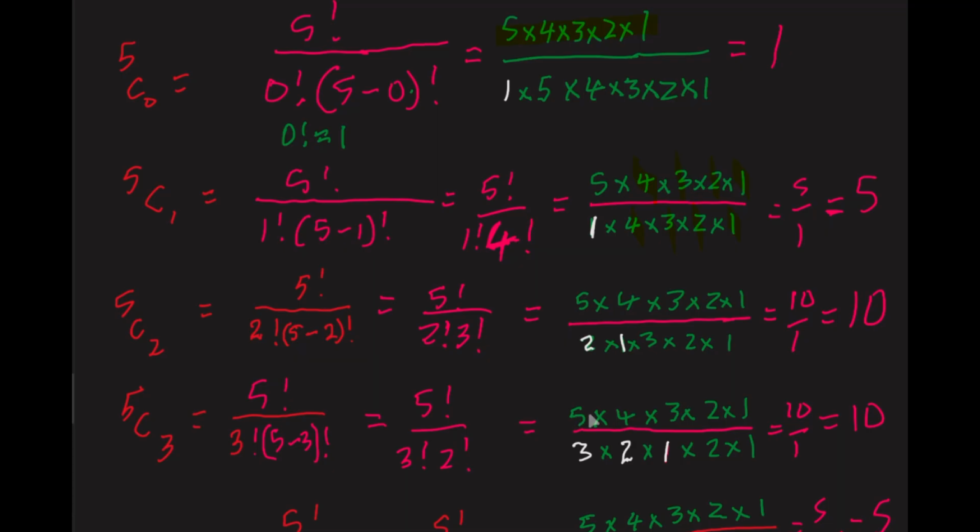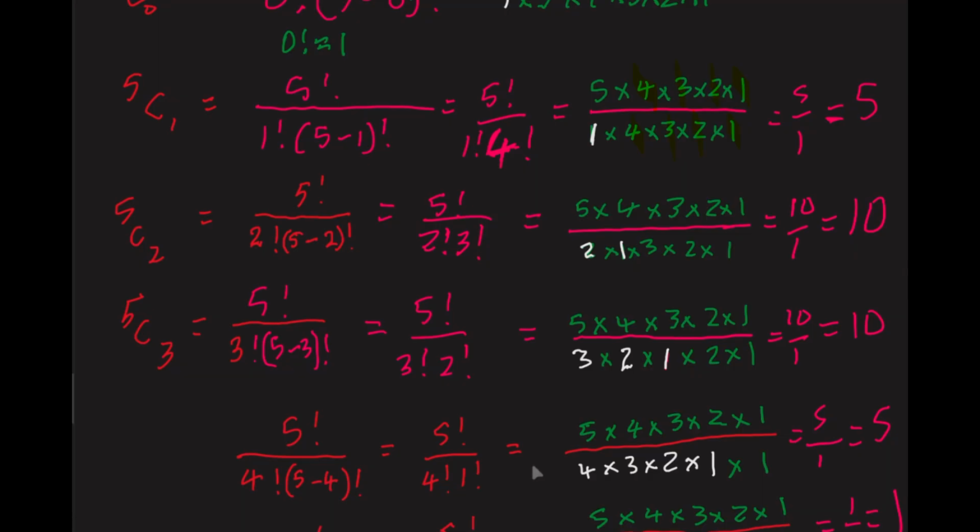And so that would be 5 times 4 times 3 times 2 times 1 over 3 times 2 times 1, then times 2 times 1, which was the 2 factorial. If you notice, there are things in the denominator and numerator which can divide into each other. So at the end, you're going to have 10 over 1, and that's equal to 10.